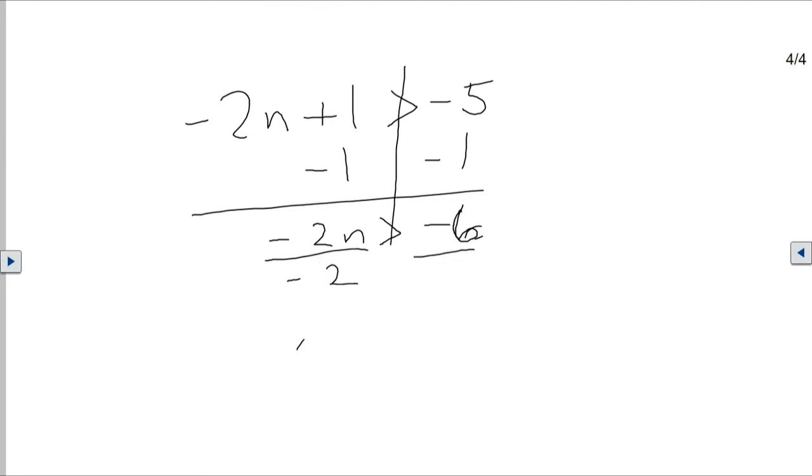So when I divide by negative 2, n is now positive 1n, those cancel out. So my rule is I have to flip the sign around, and that becomes n is less than positive 3.